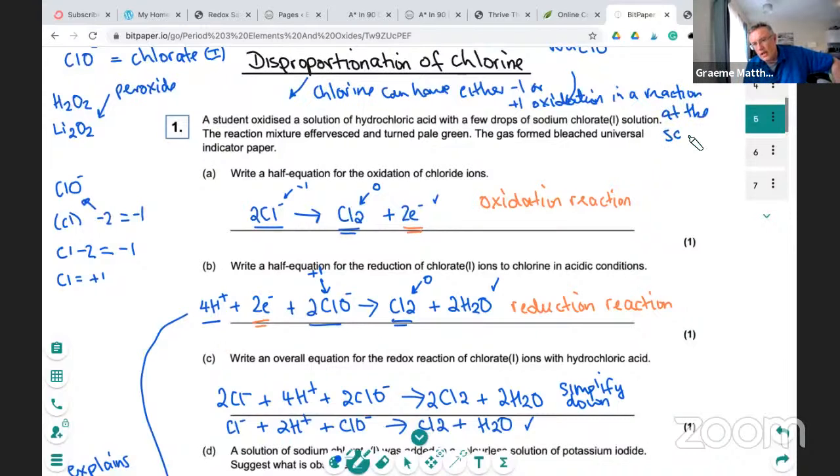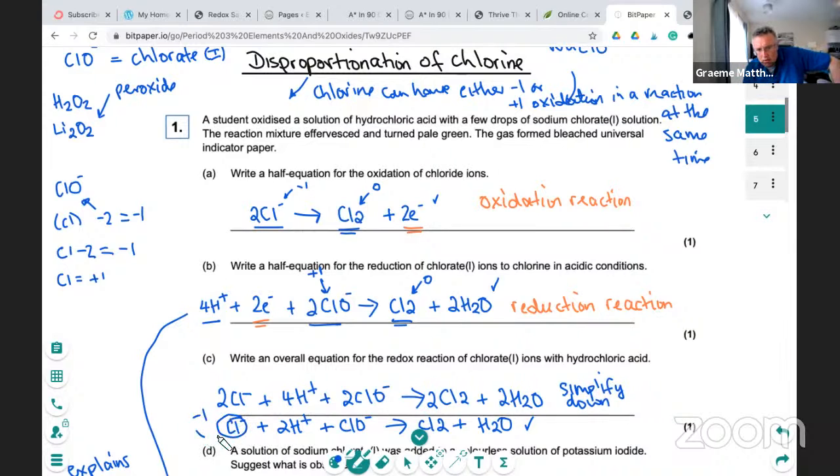And so, hint, just start doing loads of questions about disproportionation. It's on the exam every year, right? So yes, you think, because look, over here, let's see, where's my overall equation? Right here, this one here, right? So look, this chlorine right here is -1.